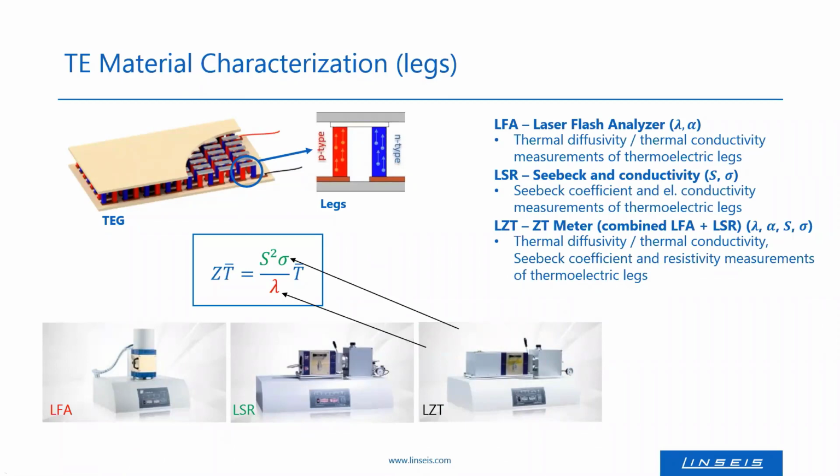So this is a powerful tool which saves costs and also lab space, and is ideal for the research community where a high sample throughput is less important. Since, for example, with the LFA, one can measure up to 6 samples at the same time, so measure the thermal conductivity of 6 samples. And with the LZT, one can only measure 1 sample at a time.